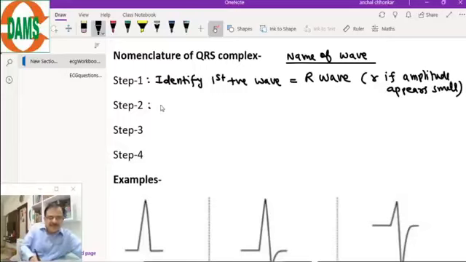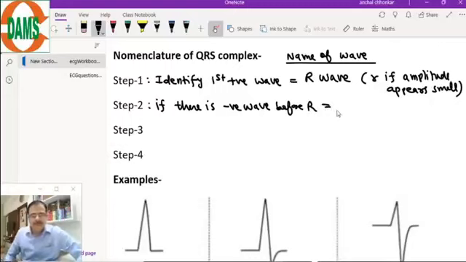Now if there is a negative wave before R, so first identify a positive wave, call that an R wave, and if there is a negative wave before R, you call this a Q wave.